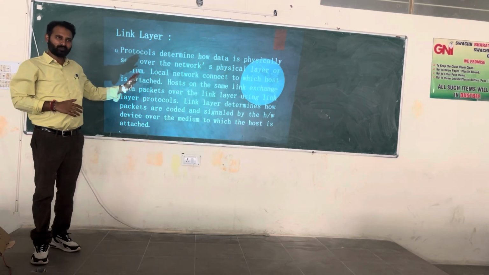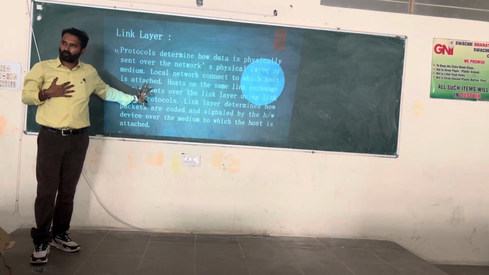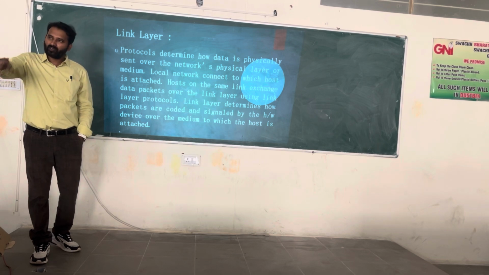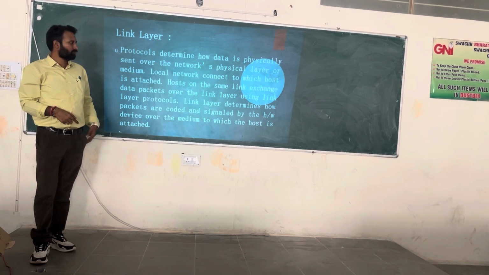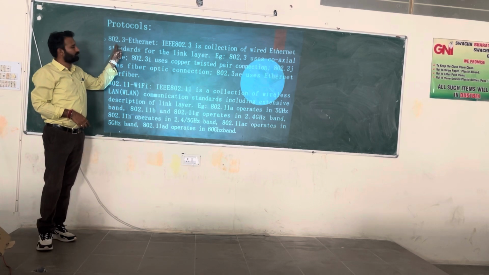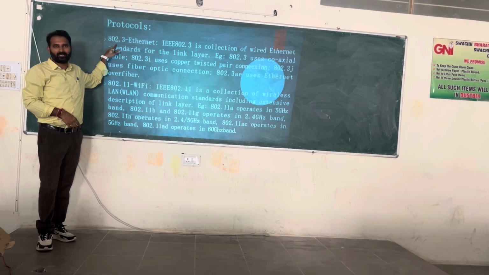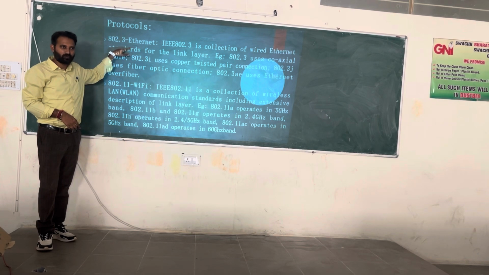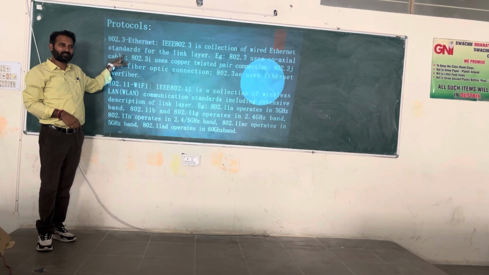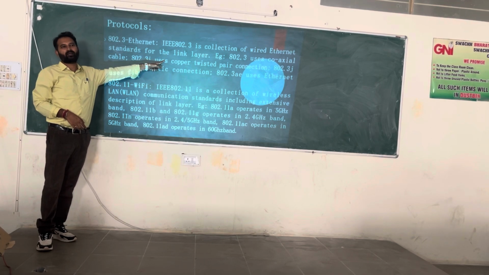Now let me tell you some examples of link layer protocols we can use in an IoT system. Here you can read 802.3 Ethernet. It is a standard IoT protocol, a collection of wired Ethernet standards for the link layer.